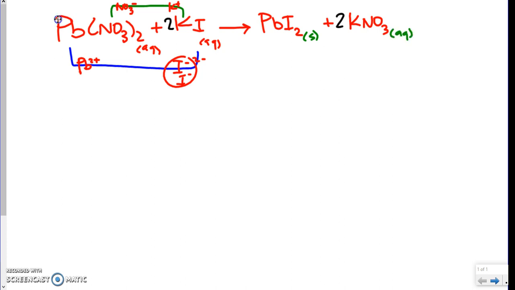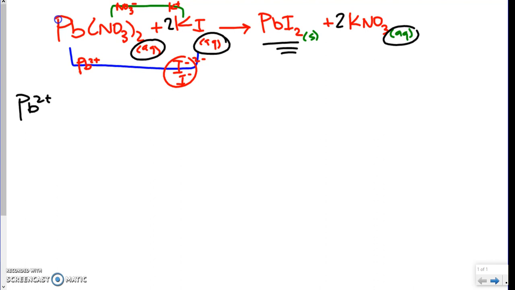So we end up having to do a whole bunch of work here because we have a precipitate in lead(II) iodide. So when we write the full ionic equation, we're going to take everything that's aqueous. Everything that's aqueous includes the lead(II) nitrate, the potassium iodide, and the potassium nitrate, and we write those as ions because what they really are is separate from each other as ions.